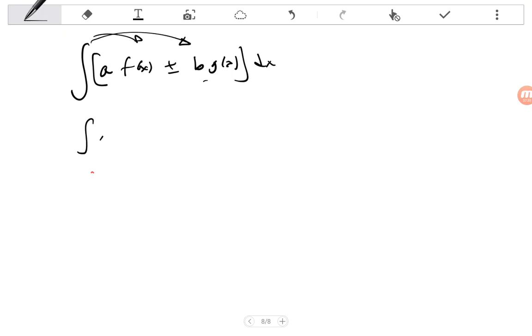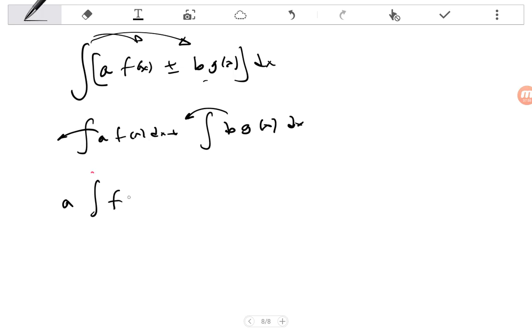So I can say that it is integration of a f of x plus b g of x. Okay, we call this property linear. It can be distributed like this. And also we can take the constant out of the integration. So we'll say a integration of f of x plus b integration of g of x.